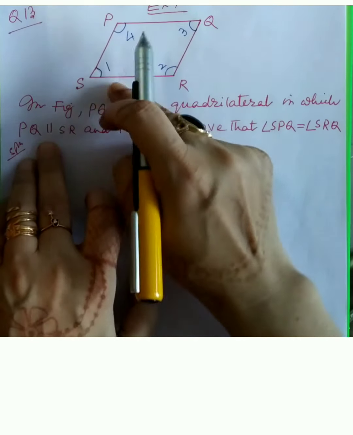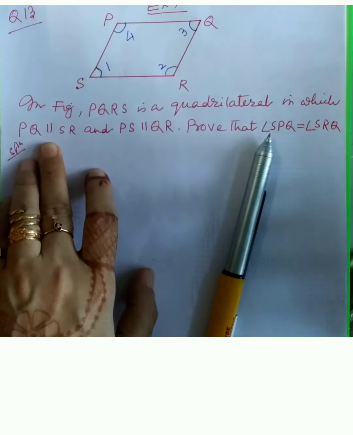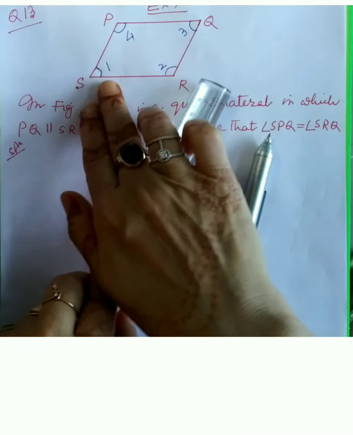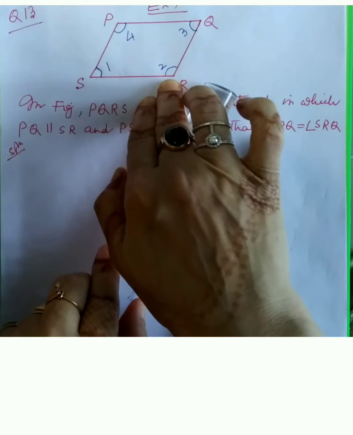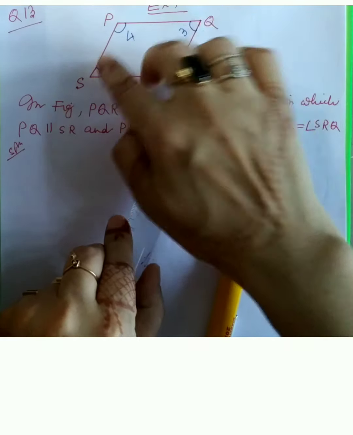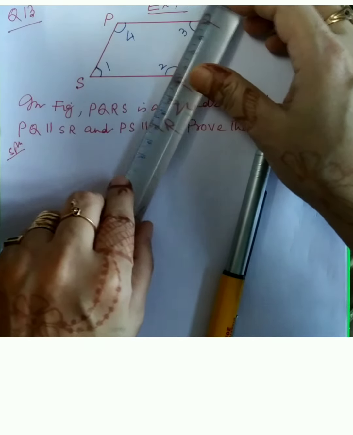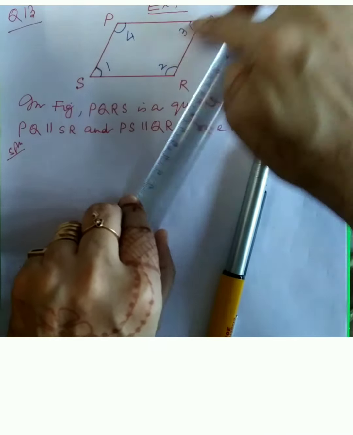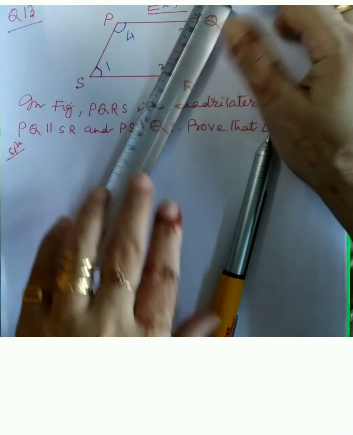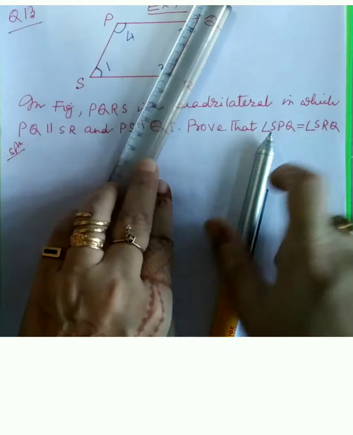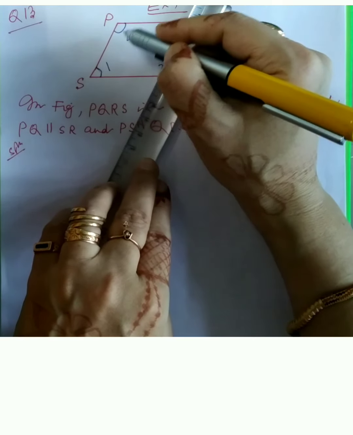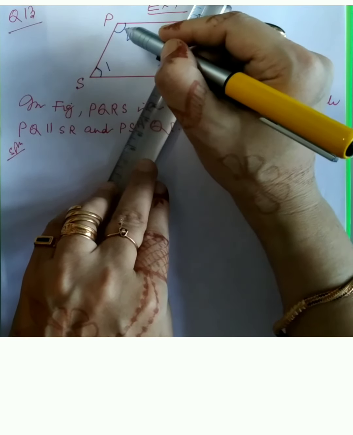Now you see, PQ is parallel to SR. And if we think of PS as a transversal, PS is a transversal, PQ is parallel to SR, you forget about this part. Then the sum of co-interior angles is, we know how much?